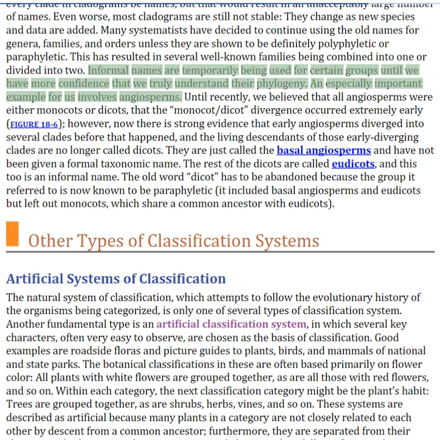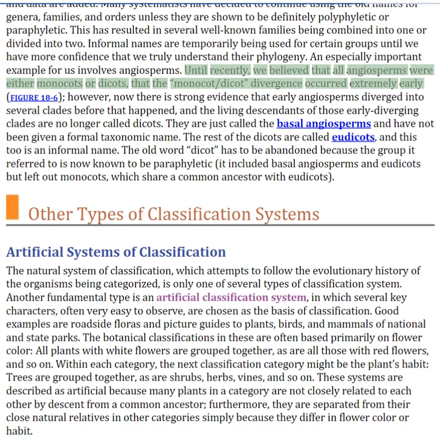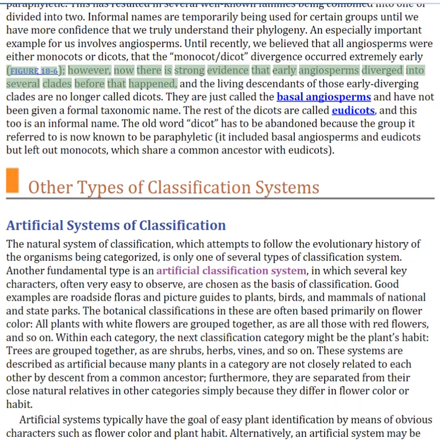An especially important example for us involves angiosperms. Until recently, we believed that all angiosperms were either monocots or dicots, that the monocot-dicot divergence occurred extremely early. However, now there is strong evidence that early angiosperms diverged into several clades before that happened.